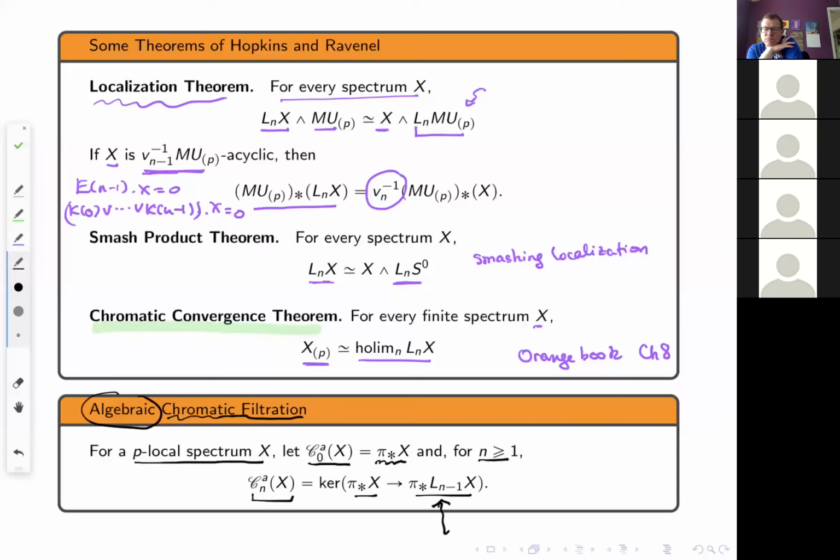That's actually the subject of the telescope conjecture, and that's where we're going today. First, I need to cast a broader net for the Vn's. So we're going to leave the algebraic chromatic filtration here, take a turn and talk about Vn self maps, and then we'll come back at the end to this stuff. Okay.